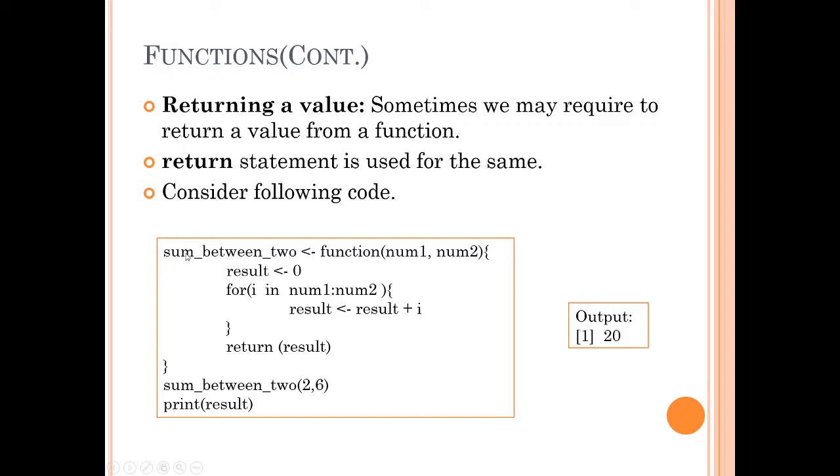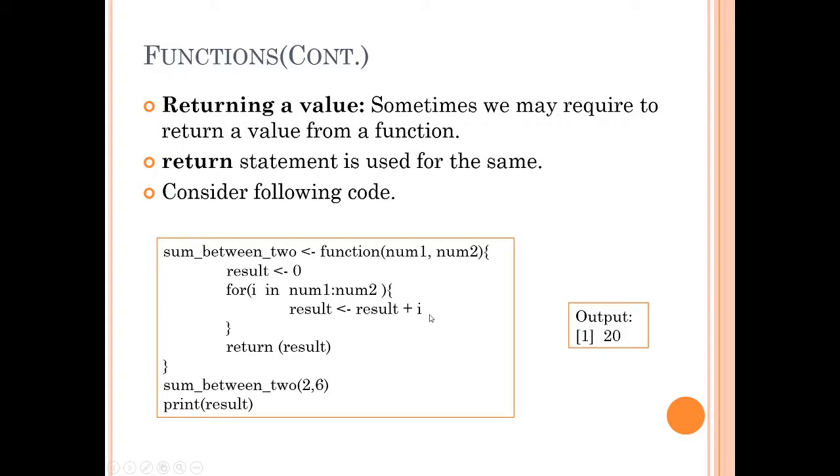We are creating a function; sumbetween2 is the name of the function. What the function is doing is taking two numbers, which we can infer from the names num1 and num2. It has a third variable inside it, result, which is initialized with 0, and a for loop which starts from num1 and goes up to num2.